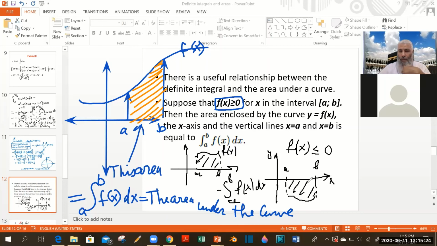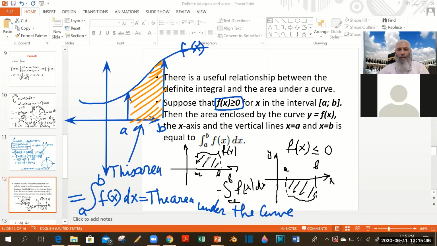And here she draws the negative integration of f of x dx from A to B if f of x is less than or equal to 0.